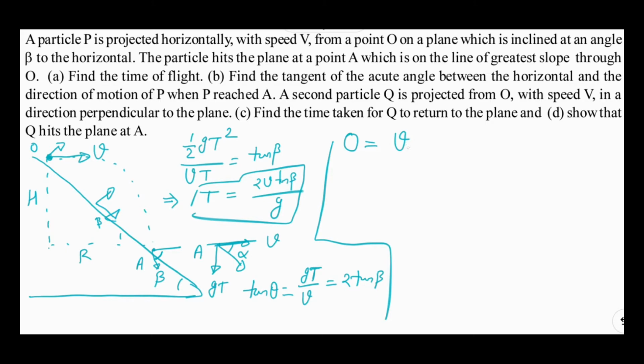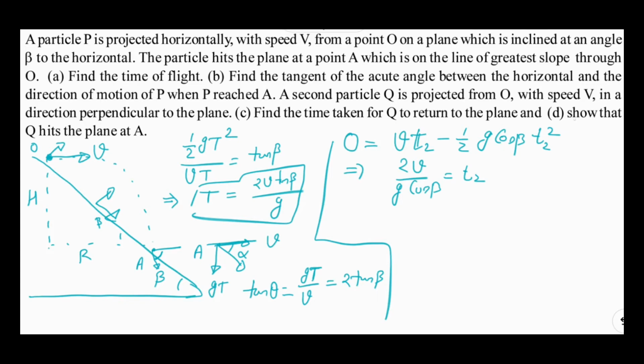Velocity initially is perpendicular to the plane, so it should be v into t, and let us assume this time is t2. g in this direction comes out to be g cos beta. By solving this, you can get the time of flight of the second particle, which comes out to be 2v by g cos beta. This should be the time of flight of the second particle.